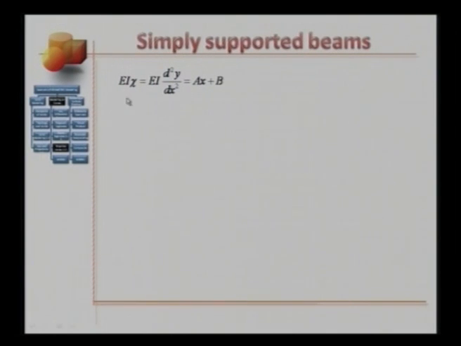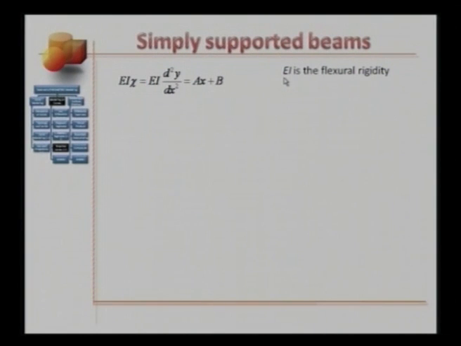This expression or relation would be very familiar to mechanical engineers or burgeoning mechanical engineers. It says EI times chi is equal to EI times the second derivative of the vertical deflection with respect to x squared, where x is along the beam length, which is equal to a times x plus b.